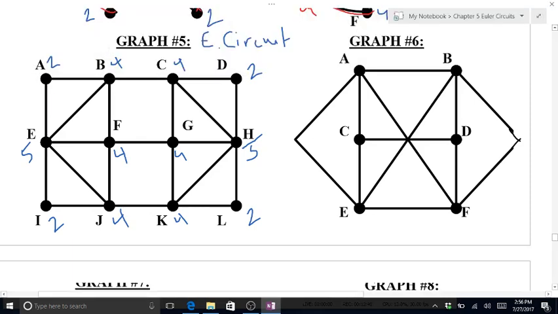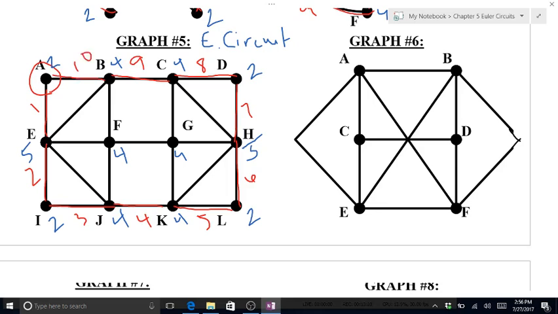Okay, so we start at A. I'm going to go down to E this time. I'm going to kind of trace the outside edges first. So here's 3, 4, 5, 6, 7, 8, 9, 10.